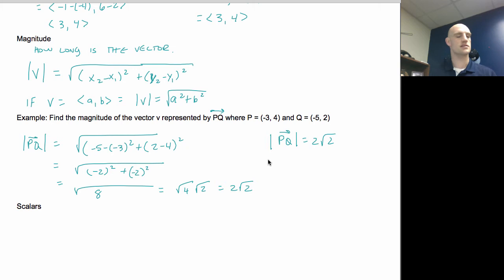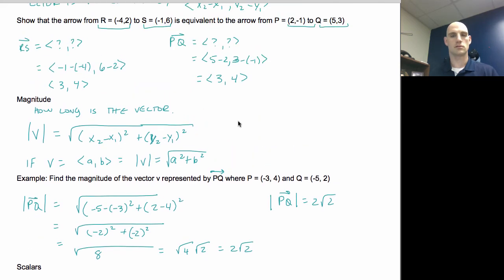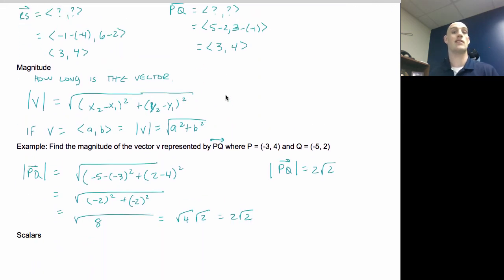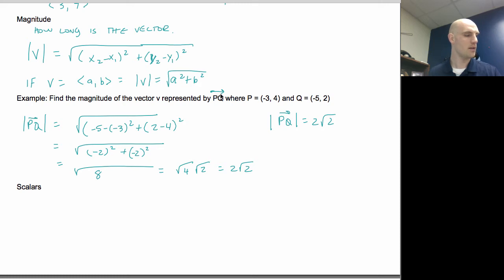Okay, just using that distance formula to find the length of that vector. Okay? How could we check our answer? To check our answer, we could use head minus tail rule and then redo our formula. Okay? But we've got our distance formula working for us right here.